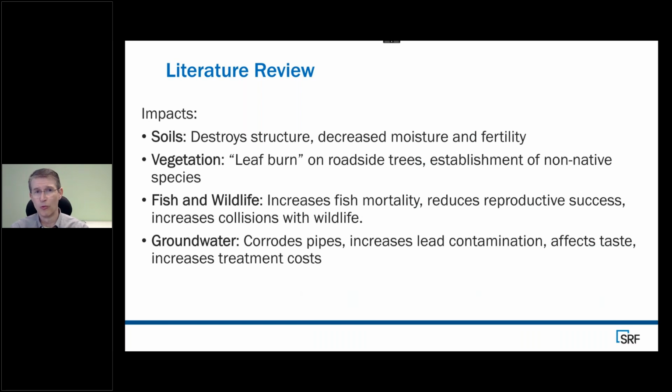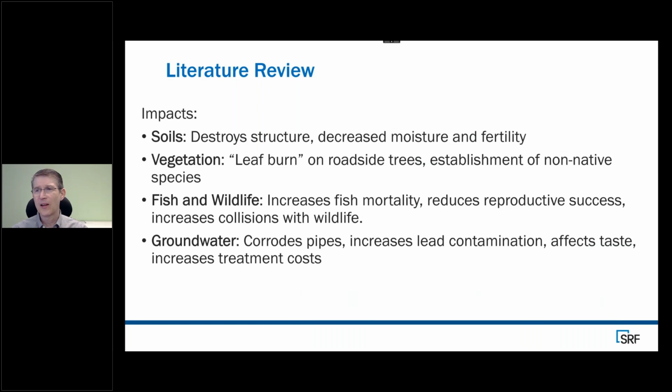So things just won't grow in that soil anymore. Vegetation is interesting because it can cause direct effects like leaf burn. Every now and then you'll drive down a freeway, particularly in northern Minnesota, where you get pine trees near the roadway. You can actually see where the needles are brown as a result of constantly having salt applied to them.